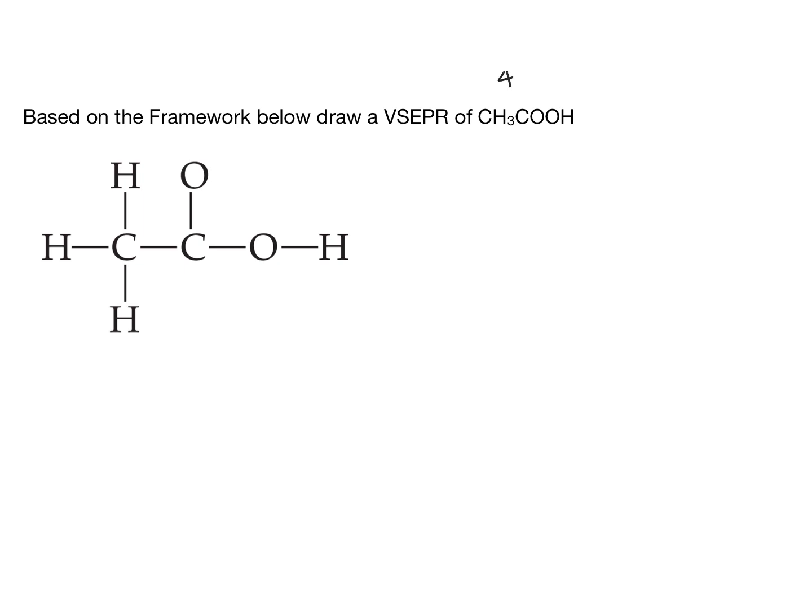So it is 4 plus 3 times 1 plus 4 plus 2 times 6 plus 1, and that equals 24 valence electrons. So we've already used 2, 4, 6, 8, 10, 12, 14. So we need to add more around the oxygen.